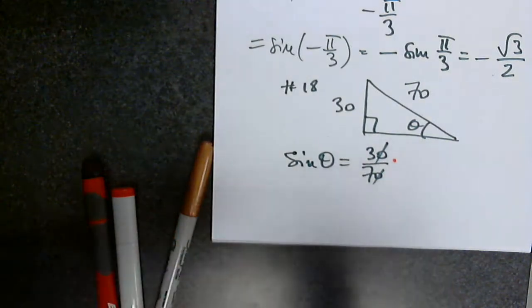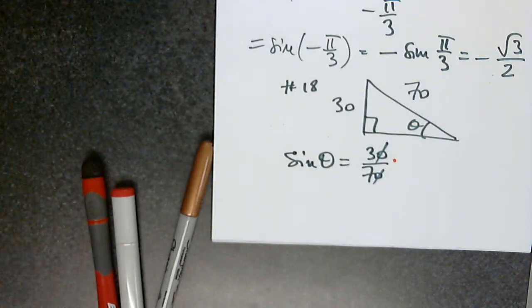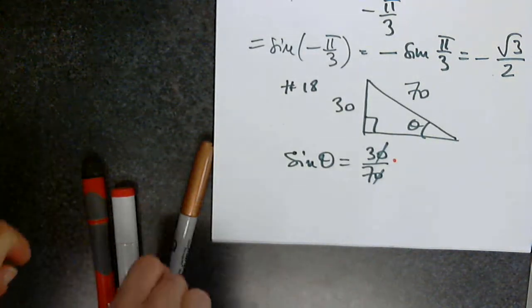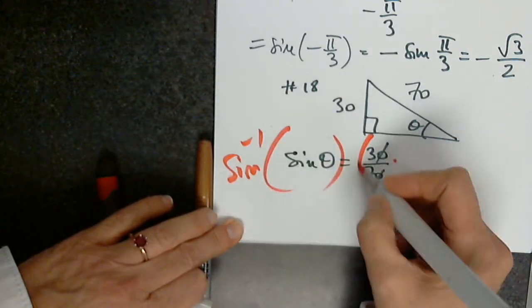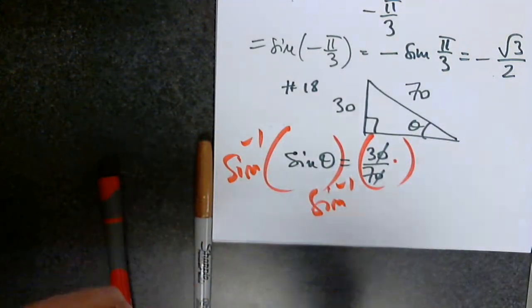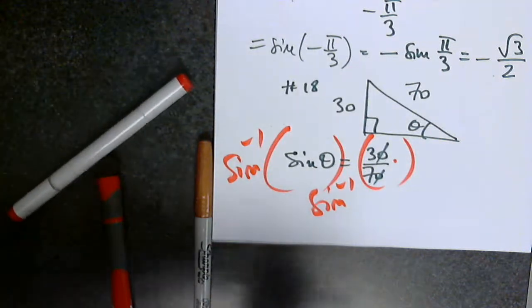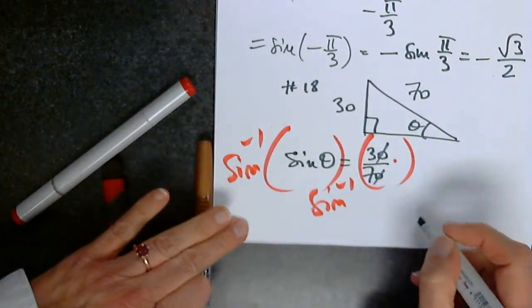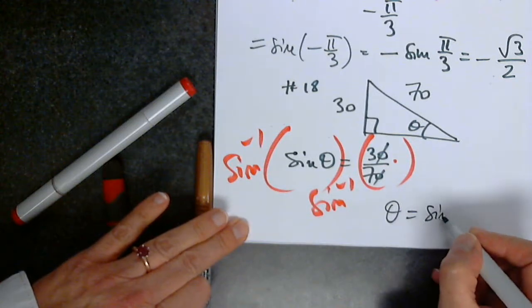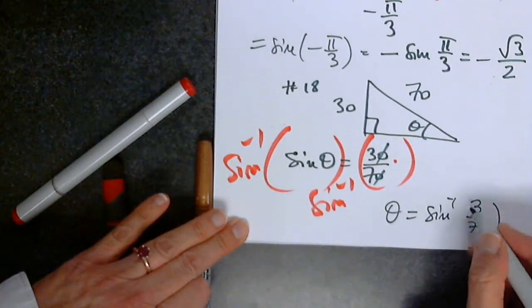Now, in order to find theta, what do you think we need to apply to both sides? Something that removes sine. Inverse of something? Of course. Absolutely. Have to apply sine inverse to both sides. And yes, sine on the left-hand side goes away, so all I have left is theta equals sine inverse of 3/7.